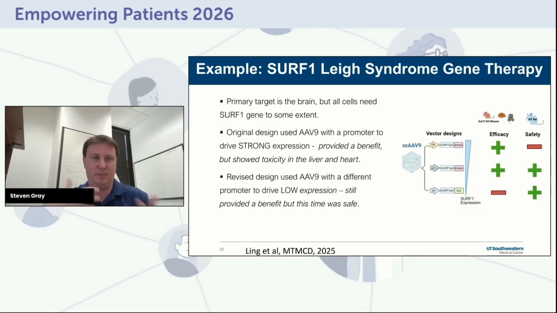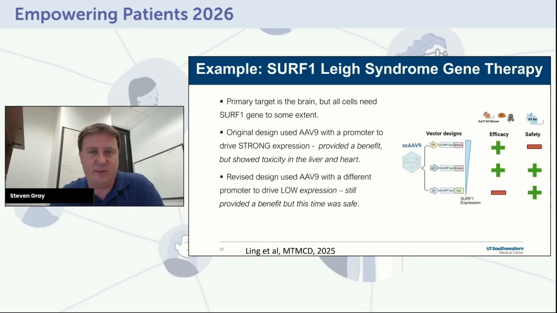This is a mitochondrial disease that strongly affects the brain. We made an initial design using a strong promoter, so we were driving strong expression of SIRF1. This provided a benefit, but as we dug into it more, we showed that a strong amount of SIRF1 expression caused toxicity in the liver and the heart.